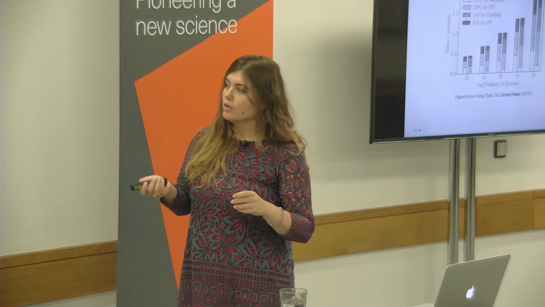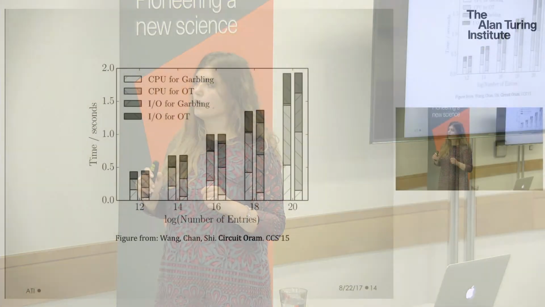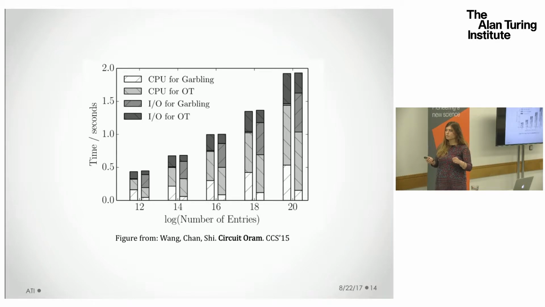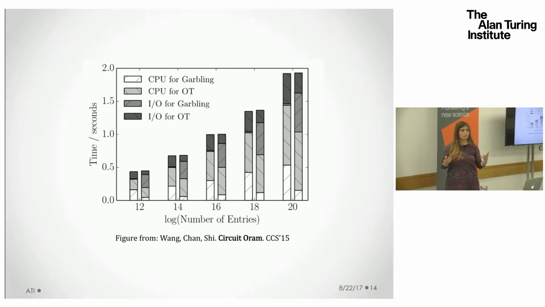And there was a work in 2015 that actually gave a new construction of Oblivious RAM, which wasn't achieving better asymptotic complexities, but what it was optimizing was the size of the circuits that are used in order to implement these ORAM access algorithms. And they show that achieving better efficiency for secure computation is not the same as achieving the best asymptotic efficiency for ORAM.